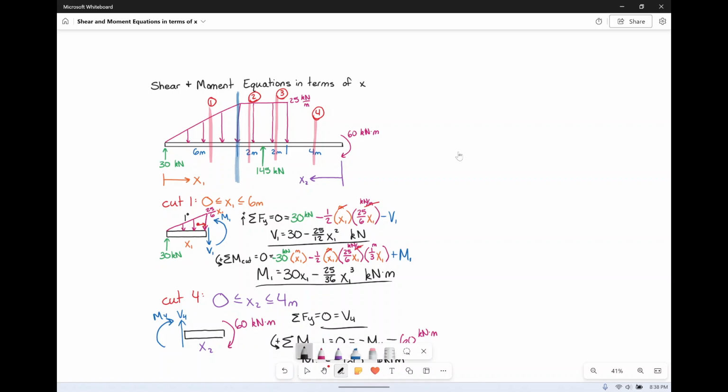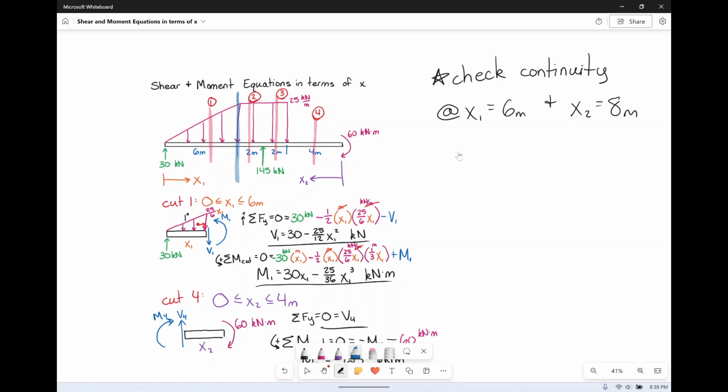So the last thing that we need to do is we definitely need to check continuity. All right, we definitely want to check this continuity. So the continuity for us is when x1 is equal to 6 meters and x2 is equal to 8 meters.